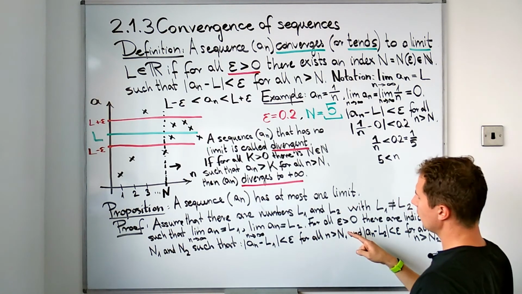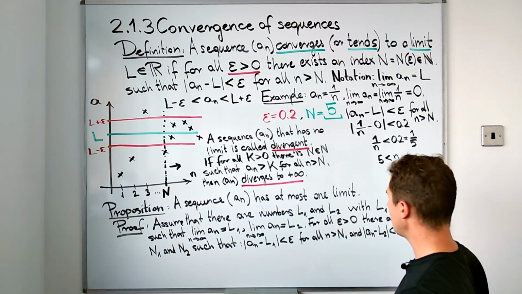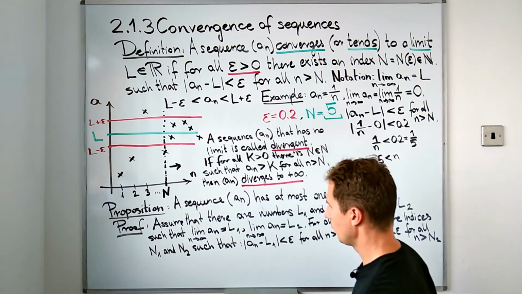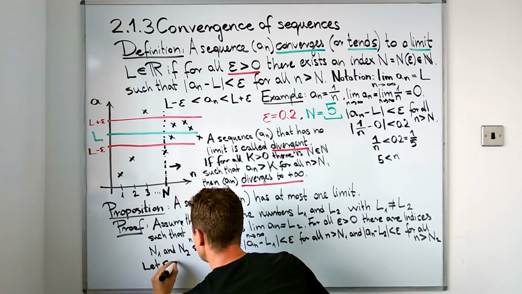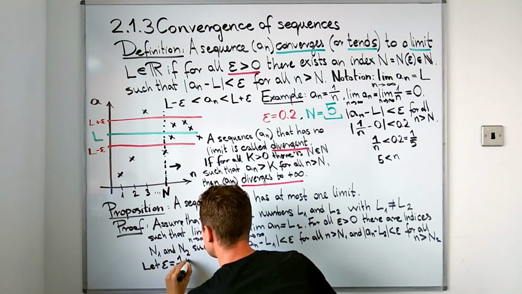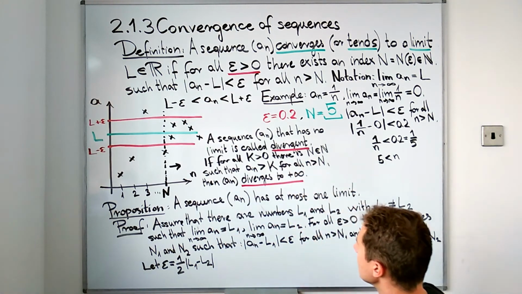Now, what I can do now is to pick a very special value for epsilon. So let epsilon be half the distance between L1 and L2, these two assumed limits.